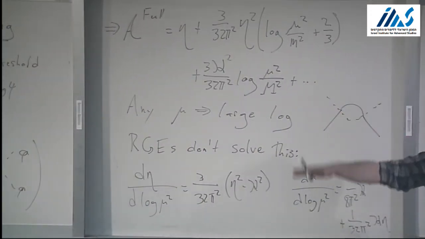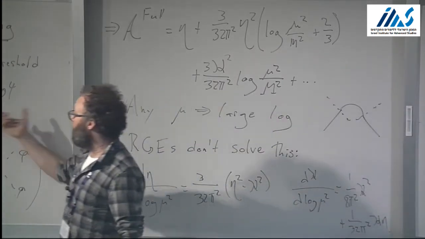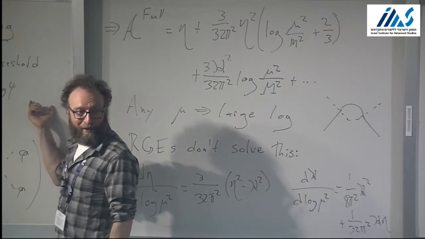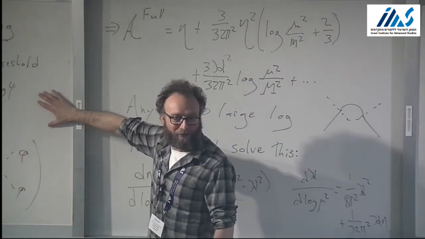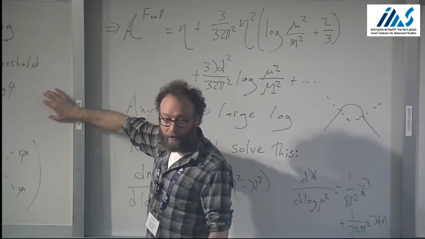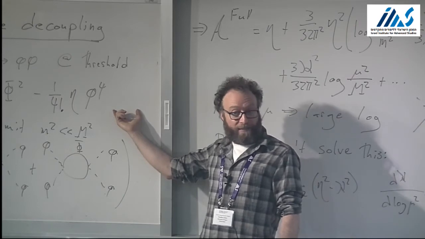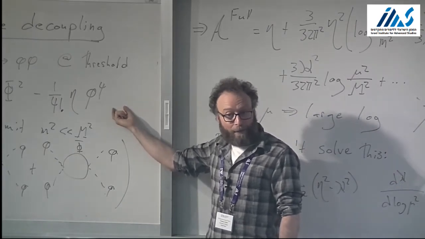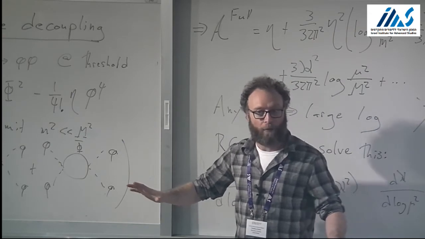If I ran the RGEs beyond one loop, I would start to be generating the quartic for big phi, okay? And in fact, this question came up after the lecture yesterday. If I wanted to actually renormalize this theory, even if I wanted to set it to 0 at some high scale, I actually need to include that coupling so that I have the counter term so that I can eliminate all the divergences in this theory, okay?